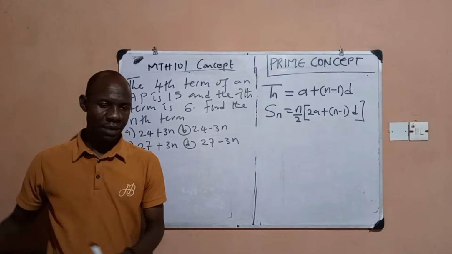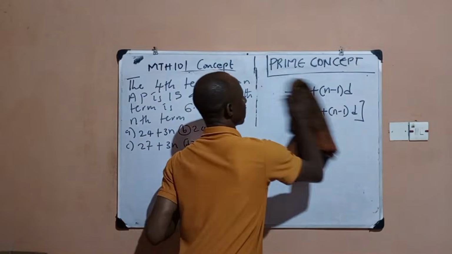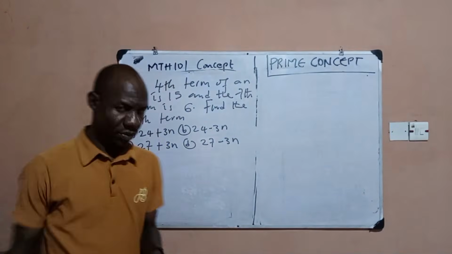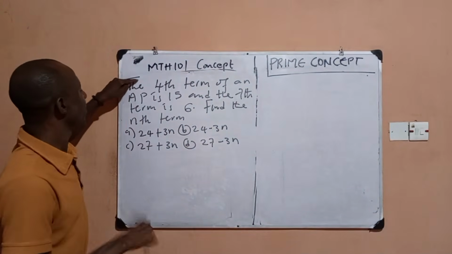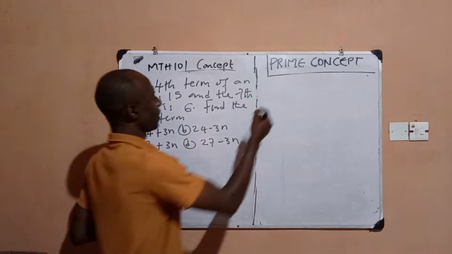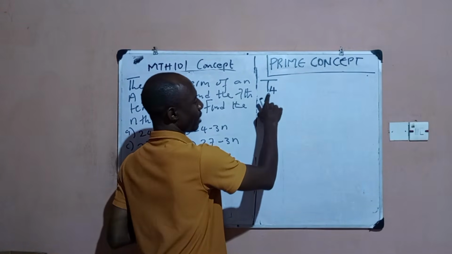Now, let me come back to the question. This is basically what you should know about AP. So the question says the fourth term of an AP is 15. That is to say T4, the fourth term. How do we find the fourth term?